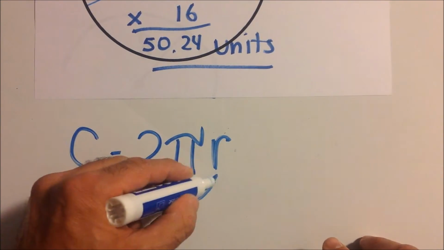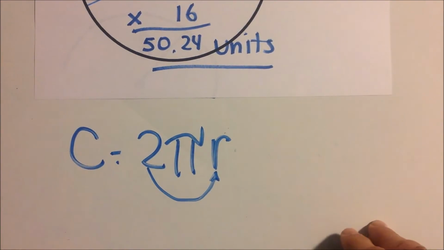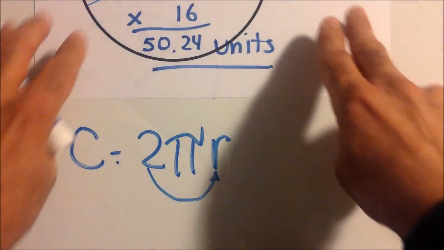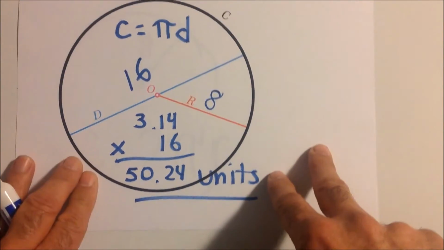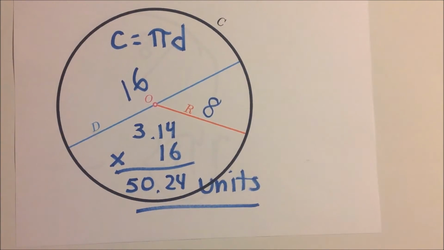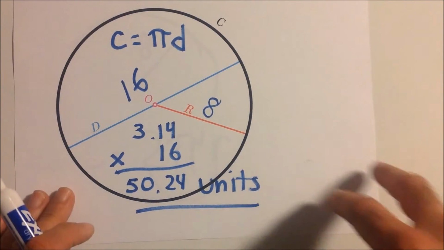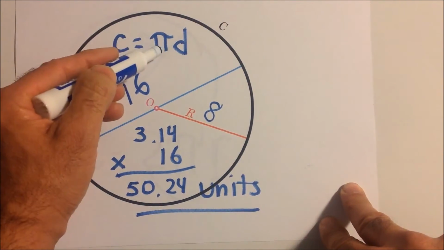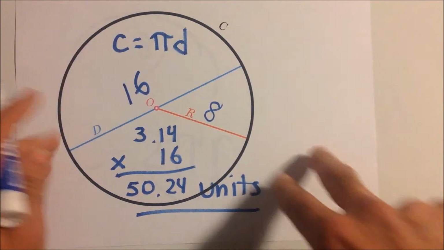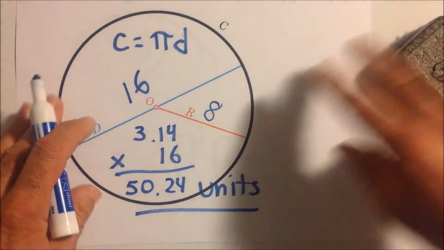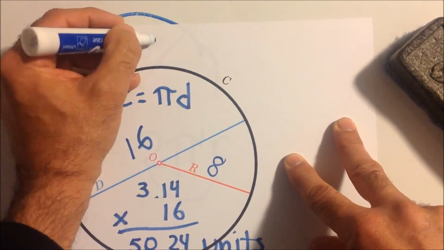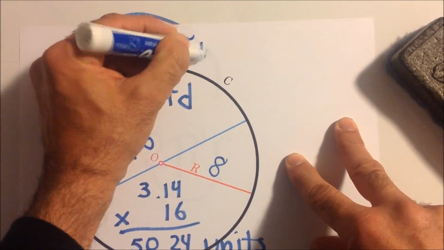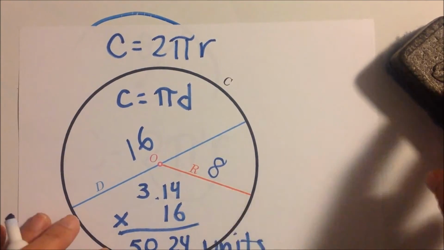So 2 times r, and the r was 8, so that gives us 16. 16 times 3.14 gives us 50.24. So again, you choose the formula you like. Either circumference equals pi times diameter, cherry pie is delicious, that's the mnemonic device, or circumference equals 2 pi r. Whatever one you're comfortable with, do.